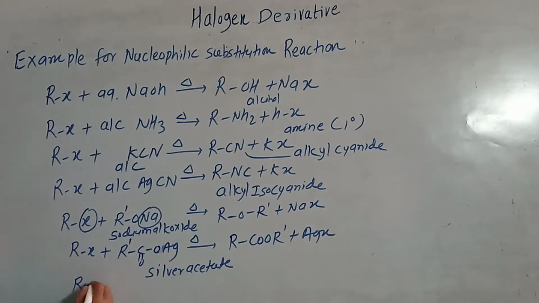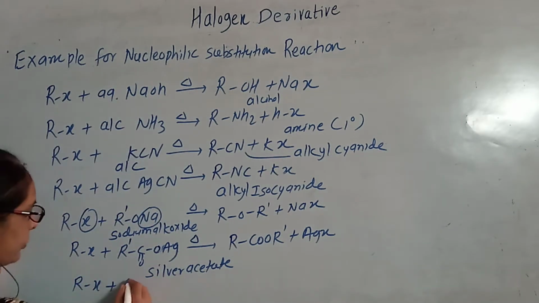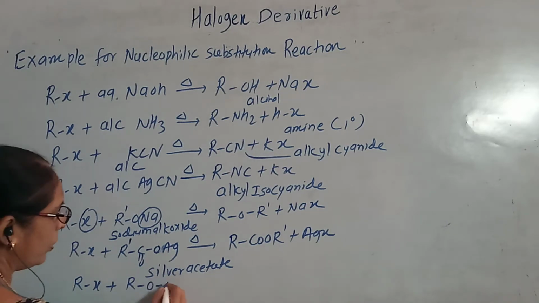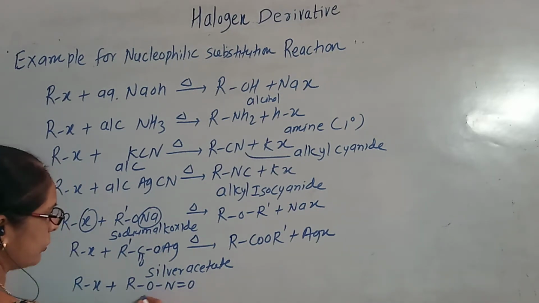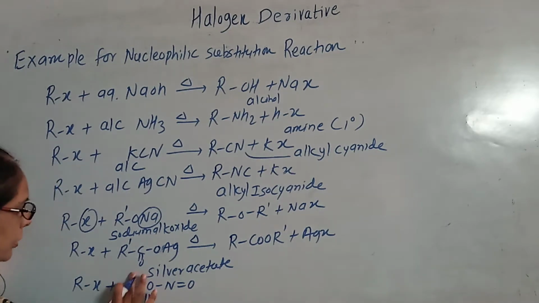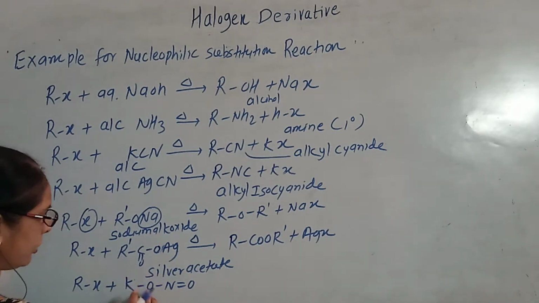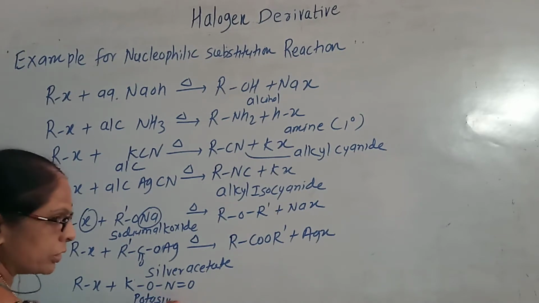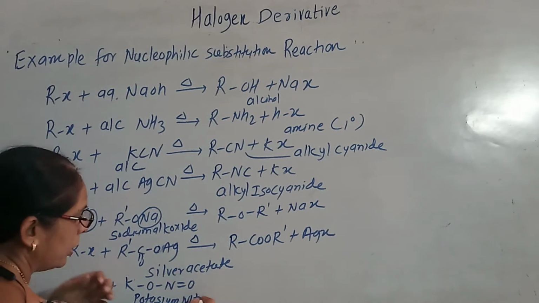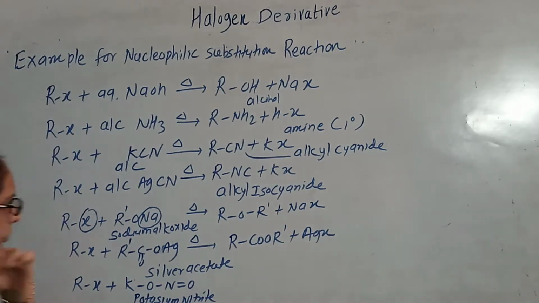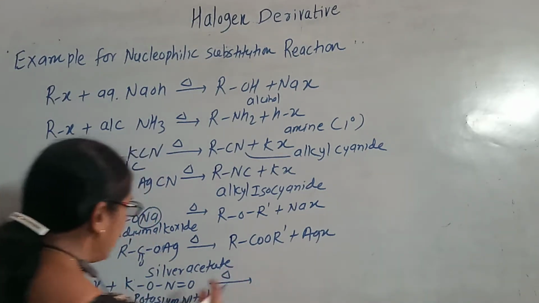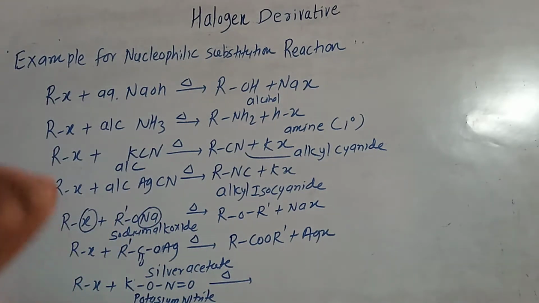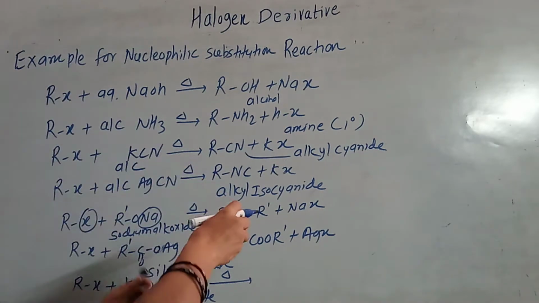Then alkyl halide is reacted with RONO, that is, potassium nitrite or silver nitrite.